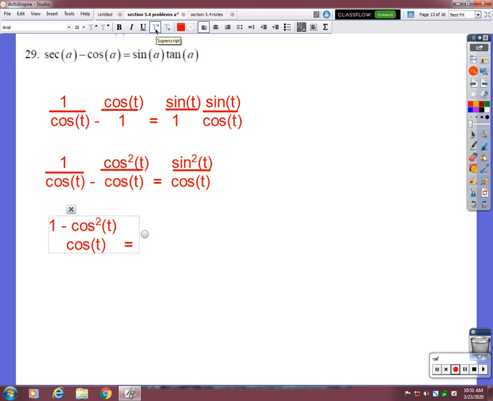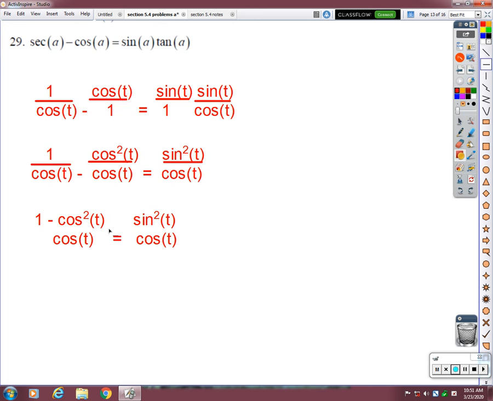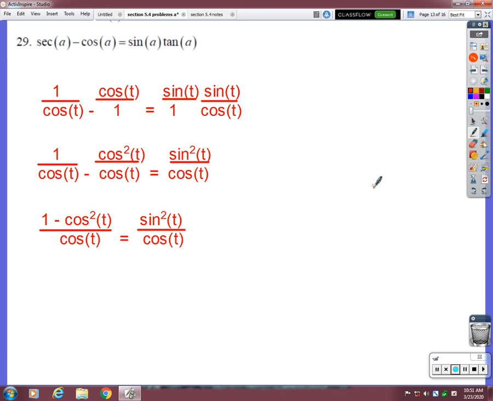And then that still equals sine squared over cosine. Okay, so this is a fraction, and that's a fraction. Okay, so then essentially what I can do from here is I can multiply both sides by cosine.